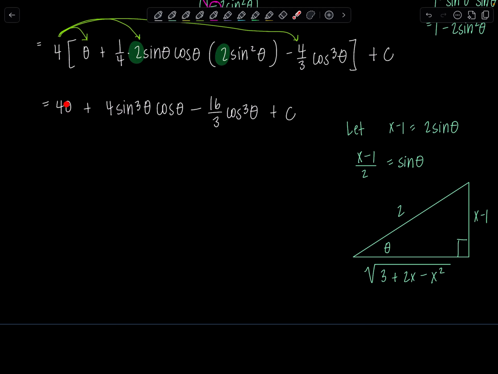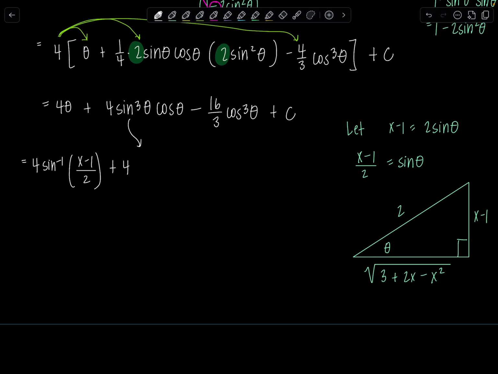Okay. So from here, when you have just plain old theta, you can use any inverse trig function that you like to represent theta that's appropriate using the ratios here on the triangle. But typically, whatever trig function we used for the substitution is the one that we express theta in. So just come right here. You could say theta is sine inverse of x minus 1 over 2. So we'll have 4 sine inverse x minus 1 over 2 plus 4 times.